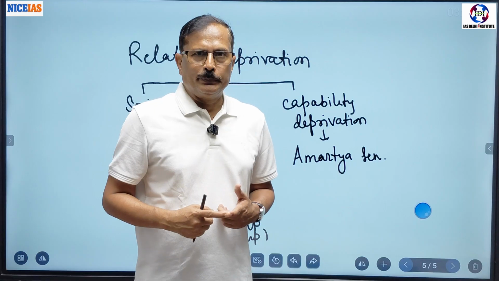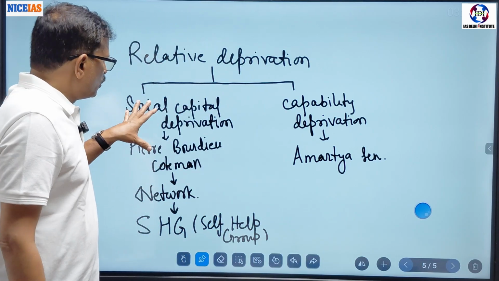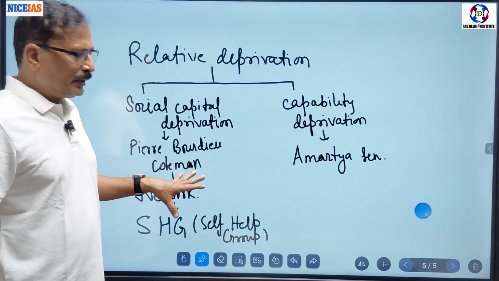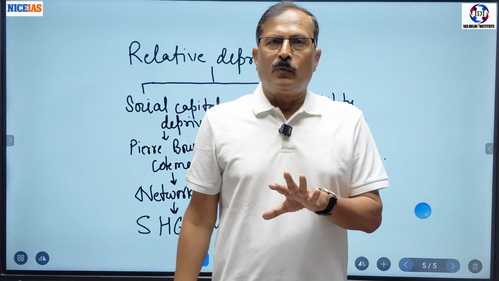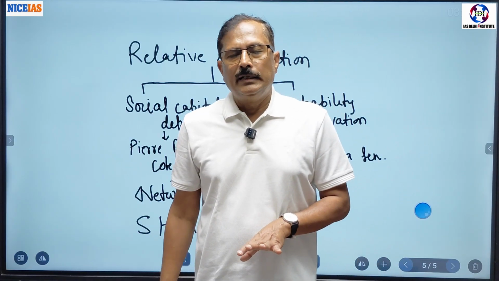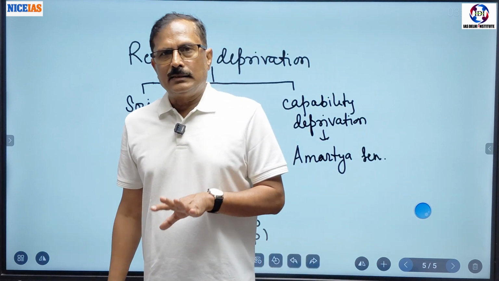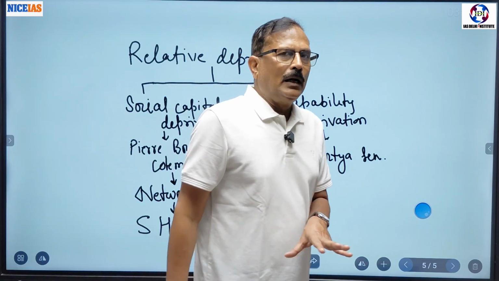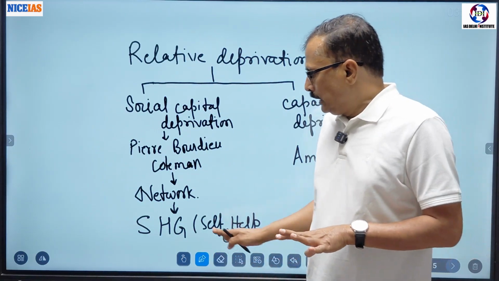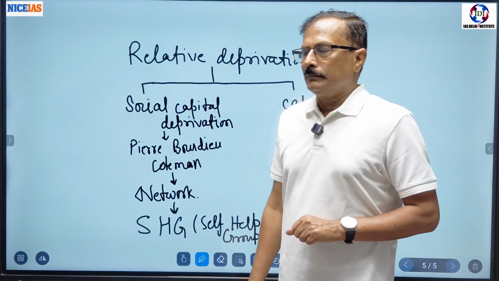So this is the social capital deprivation approach, and it helps in building a network that provides them employment opportunity, access to finances, and access to modern technology. This is a sustainable method of poverty alleviation.